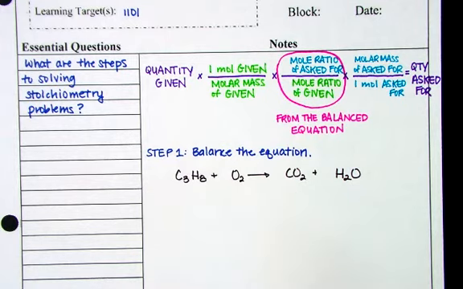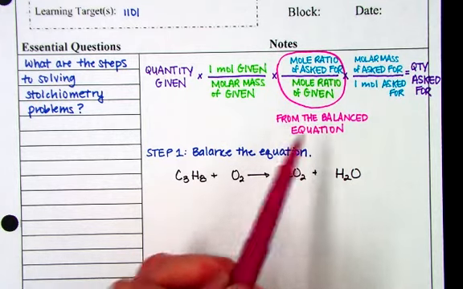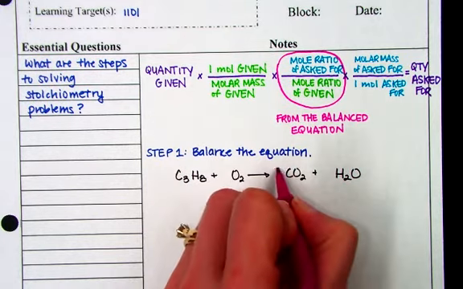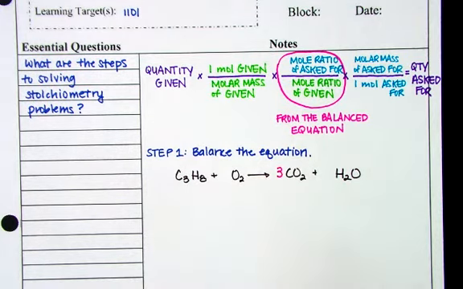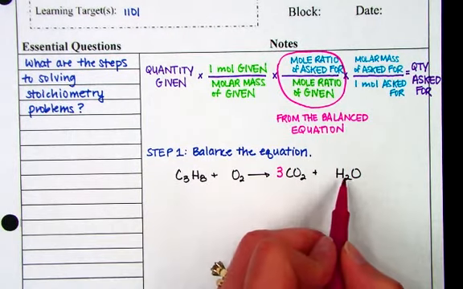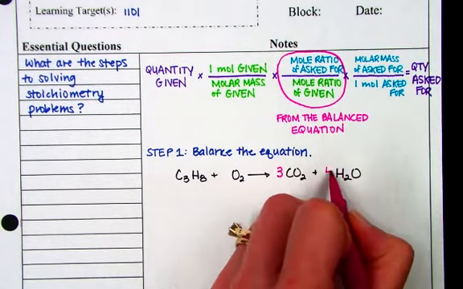Okay. Now we have to balance. I'm going to use pink, right, because I used pink in my general equation. 3 carbons here, so I put a 3 out front of carbon dioxide. 8 hydrogens here. So in order to make 8 hydrogens on my product side, I have to multiply by 4.